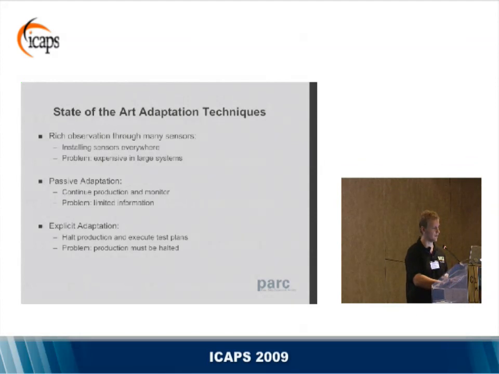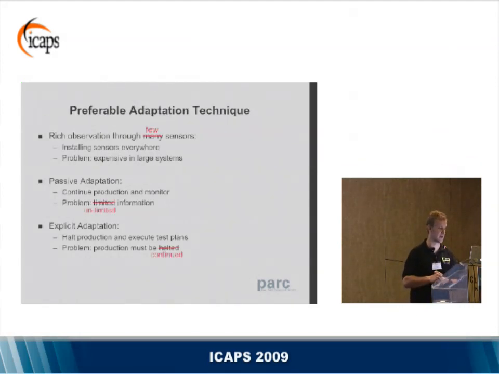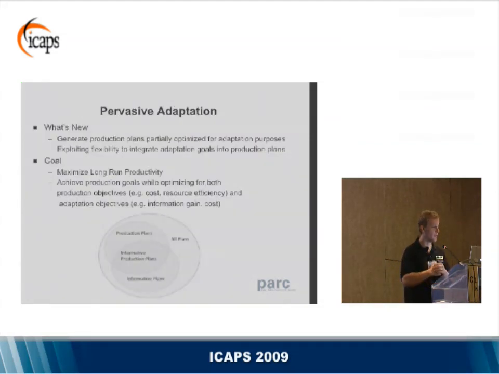What we wanted is a system which only needs a few sensors, has ideally unlimited information, and is able to continue production while it's finding more information. We call this pervasive model adaptation, which means we want to generate plans in a way that they're partially optimized for adaptation.